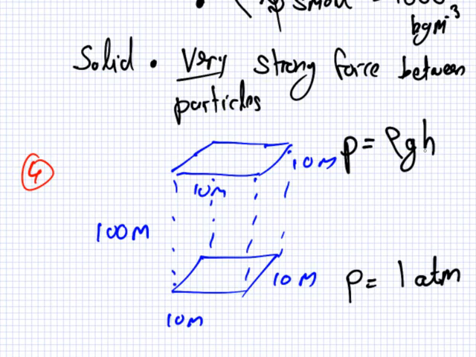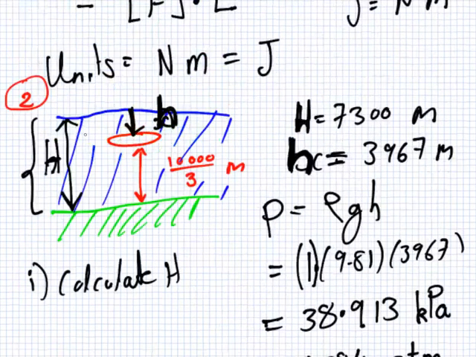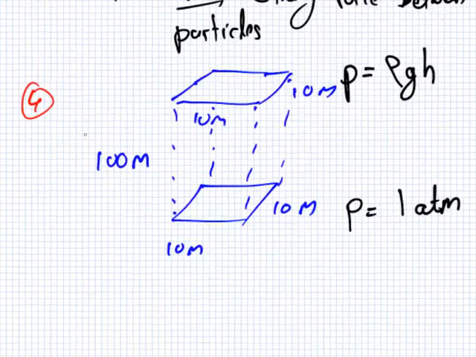You can get it by using the formula rho gh if you want. H is 100 minus the distance from the top, from the sky. We said earlier was 7,300. Did you remember it?